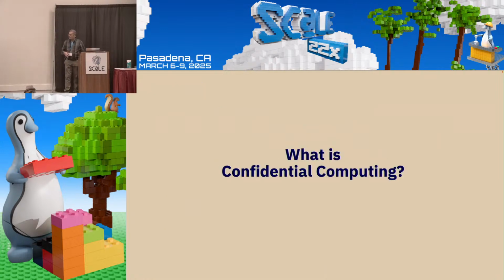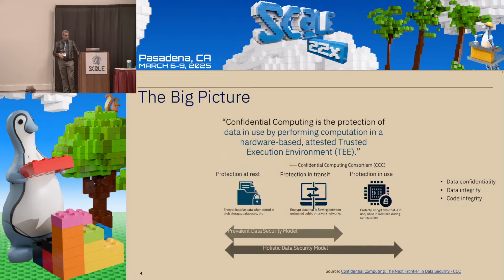So to quickly get started, the topic we have today is what is confidential computing. If we look at the big picture, confidential computing is the protection of data in use while performing computation, or using that particular data for your computation, in a hardware-based enclave, which is supported with a trusted execution environment.